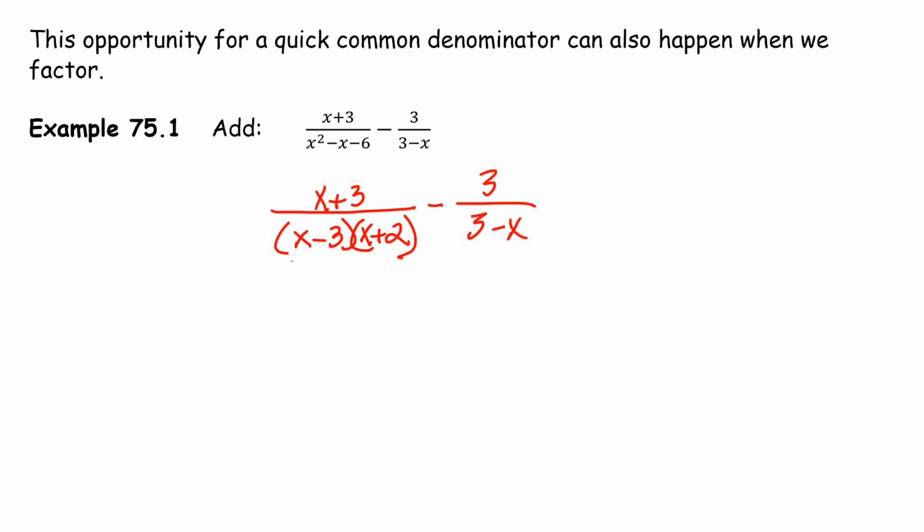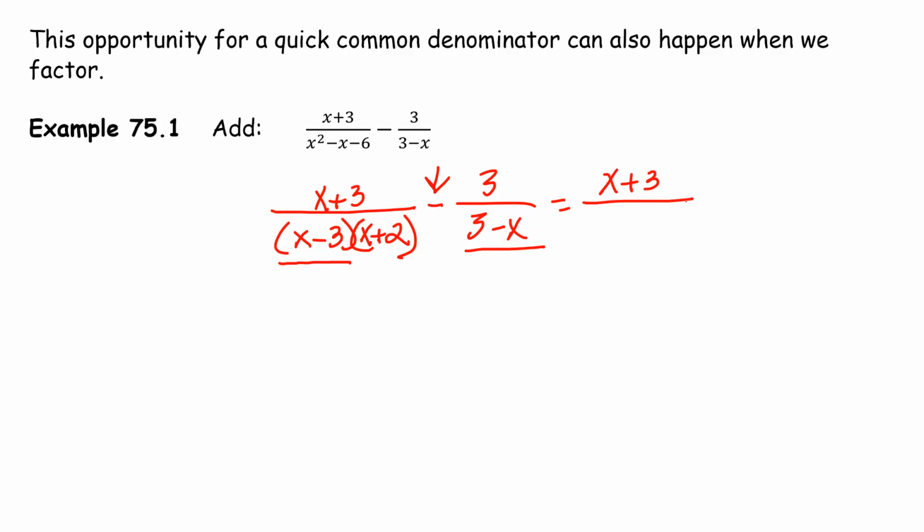Now, we have a factor of x minus 3 in this one and a factor of 3 minus x in this one. Those are opposites. We will go ahead and distribute this minus sign into the denominator of the second expression, and that way it will be x minus 3. So we'll have one factor ready to go in our common denominator.